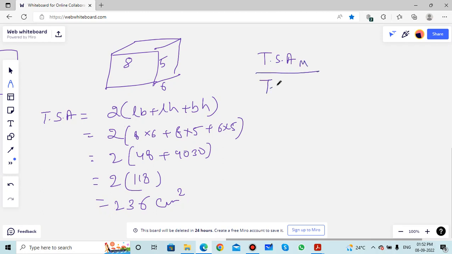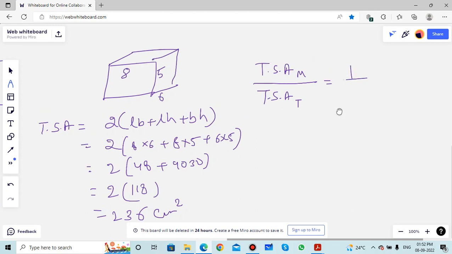So remember, the total surface area of the model upon the total surface area of the tank is equal to the K factor. What is the K factor? 1 upon 50 that we have got, right?